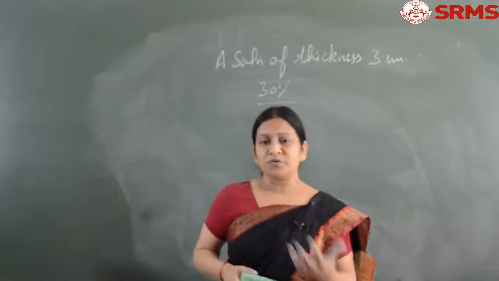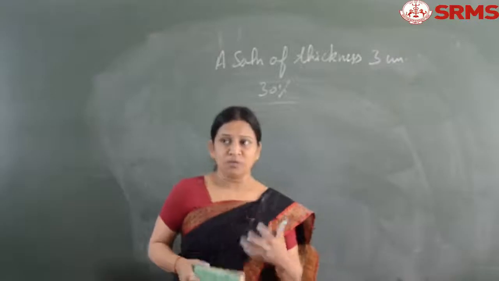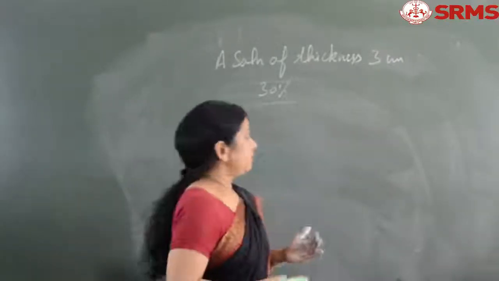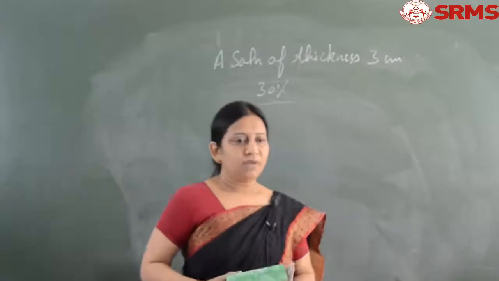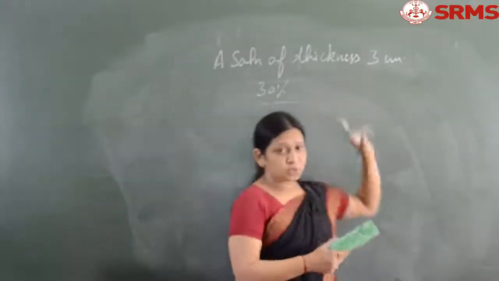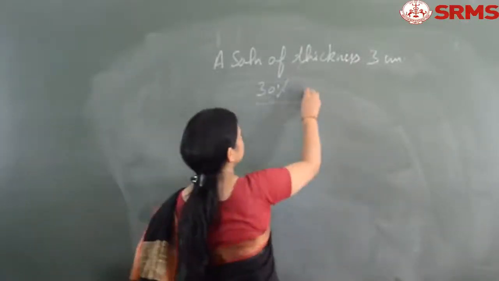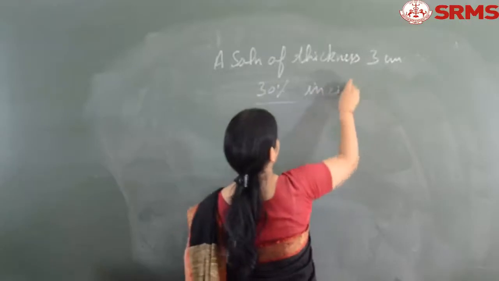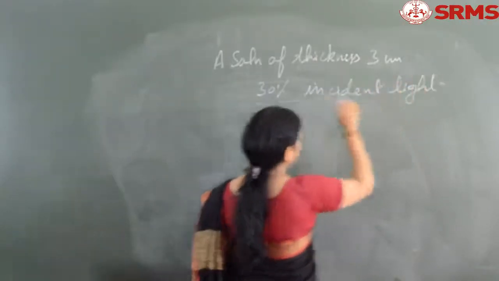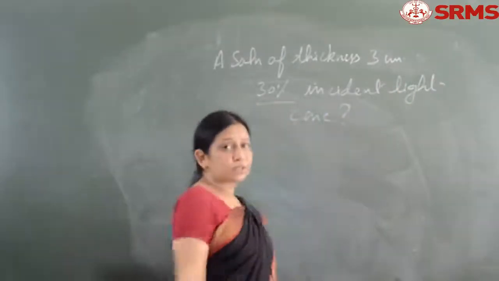What is the concentration? So we have to determine the concentration of the solution which we have taken. I repeat that: we have a solution whose thickness is 3 centimeters and it can transmit 30% of incident light. What we have to calculate is the concentration of this solution.